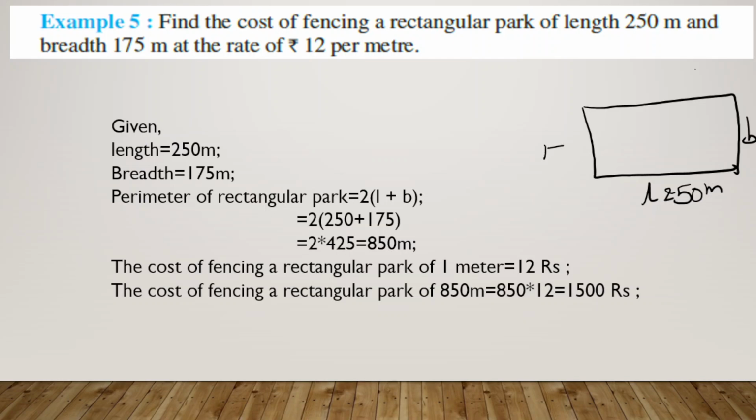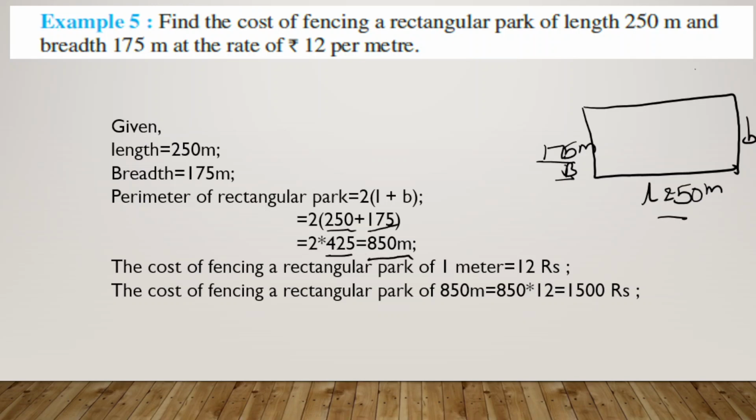Here you know that the perimeter of a rectangular park is 2 into (L plus B). Let's substitute the values: L is 250 and B is 175. So 250 plus 175 is 425. So 2 into 425 is 850 meters.